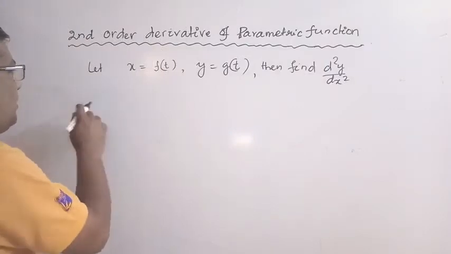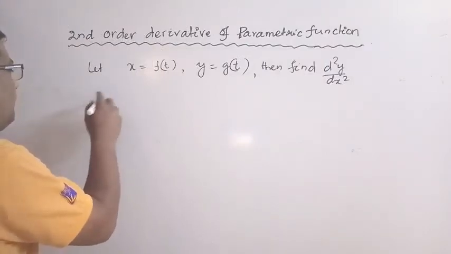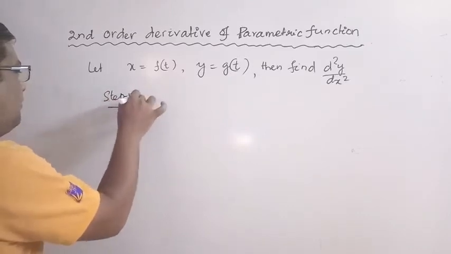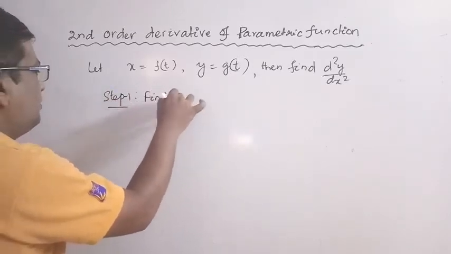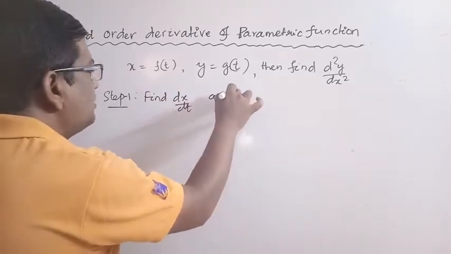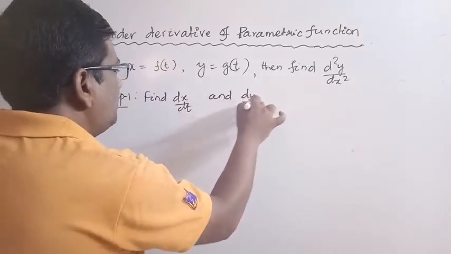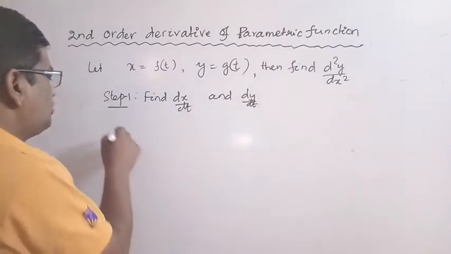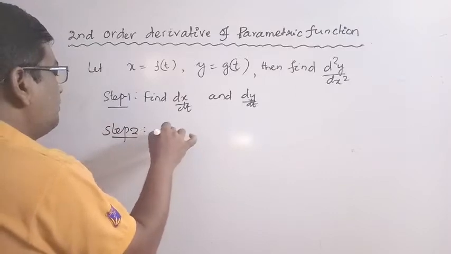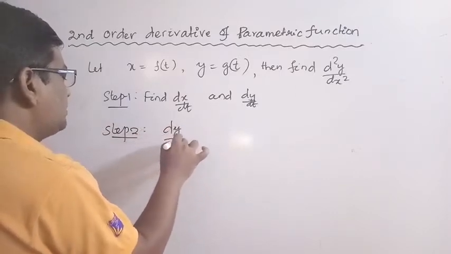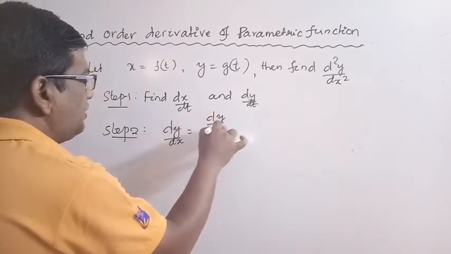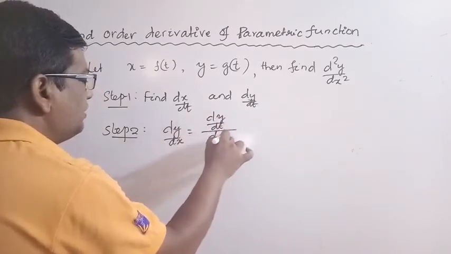So first, step 1, find dx by dt and dy by dt. Step 2, then dy by dx is equal to dy by dt divided by dx by dt.